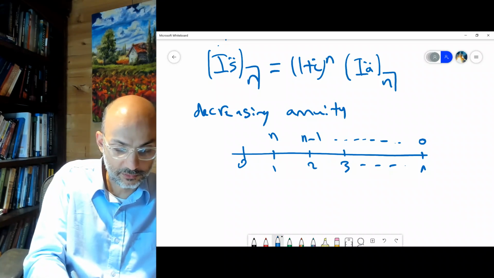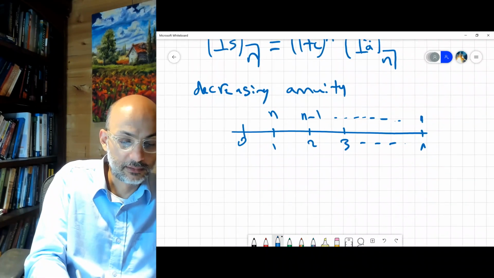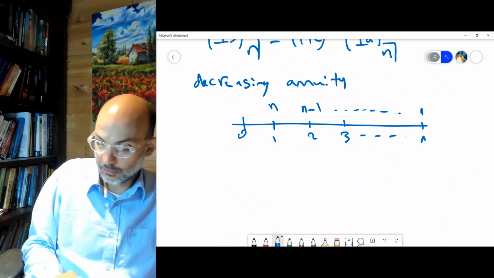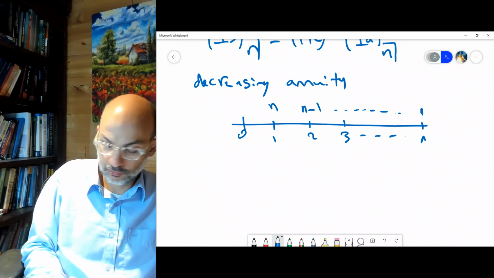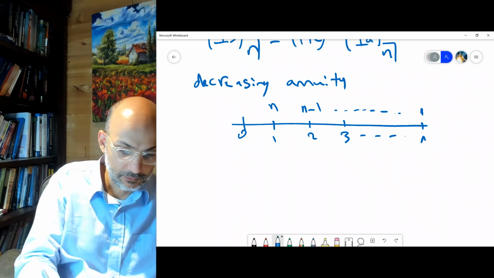Actually no, the last one will be 1, sorry. Because it will be n minus, yeah, the last one will be 1. So the decreasing annuity is simple. You don't need to do much about it.